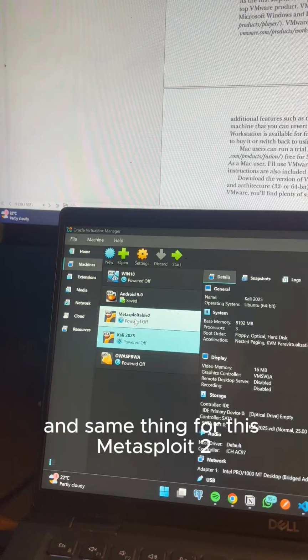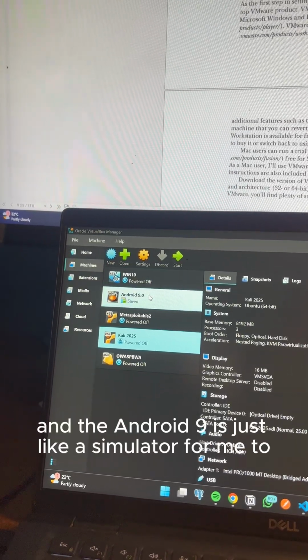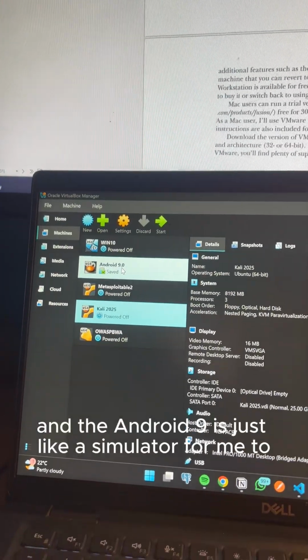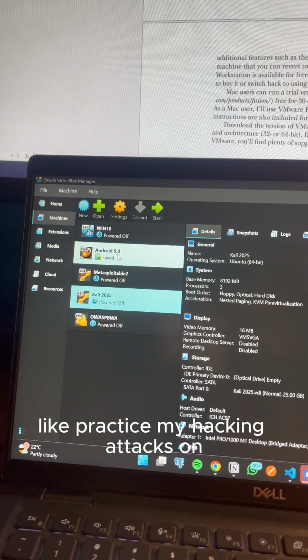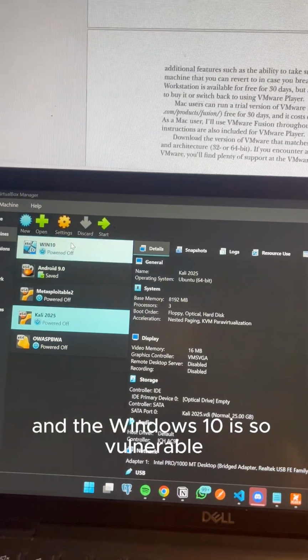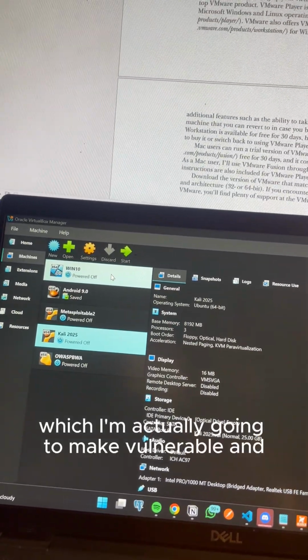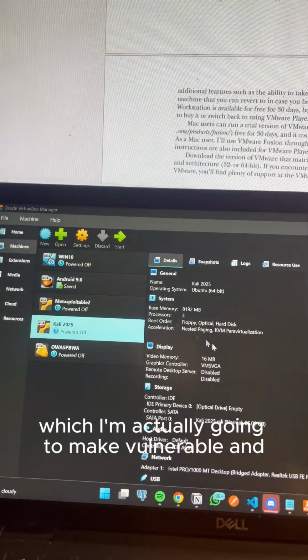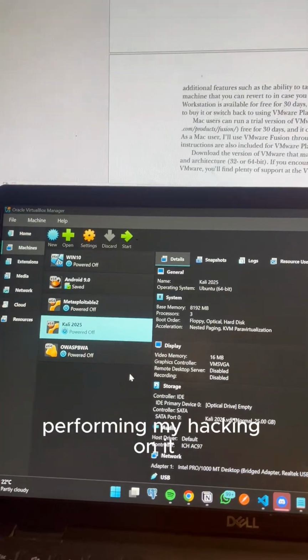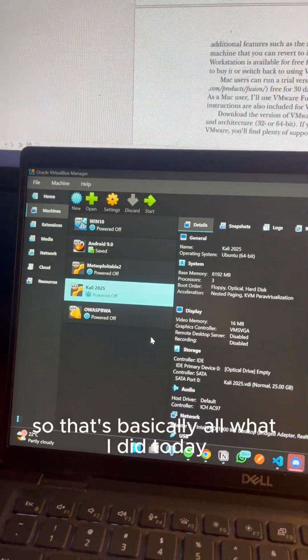And same thing for this Metasploitable 2. And the Android 9 is just like a simulator for me to practice my hacking attacks on, and the Windows 10 is a vulnerable Windows 10 server, which I'm actually going to make vulnerable and perform my hacking on. So that's basically all what I did today.